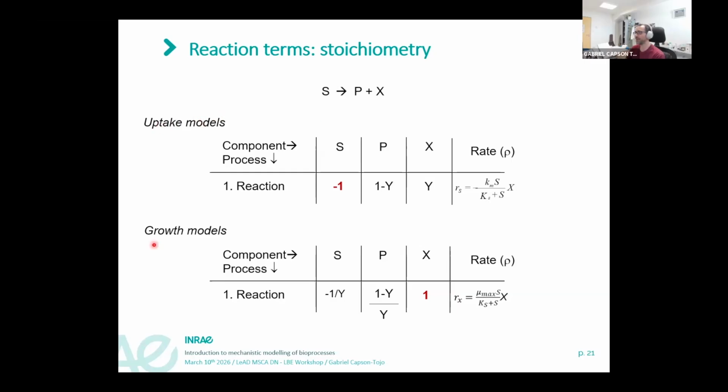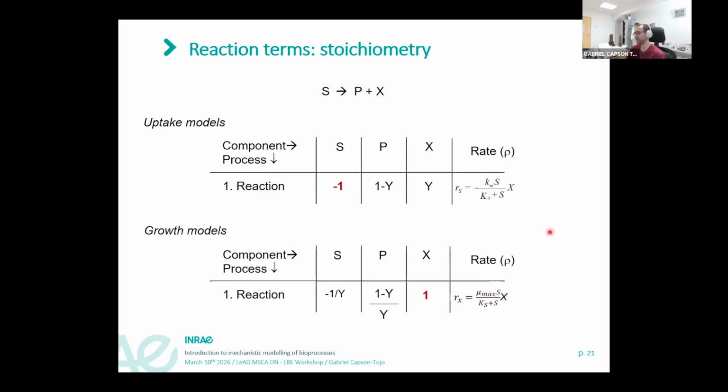So if we go back to this, we have, again, the two uptake or growth models for our model reaction, which is S becomes P and biomass. Stoichiometric coefficients do not change, but in this case, whether it's uptake or growth model, we will have our Monod equation here, either with the uptake rate or the growth rate.